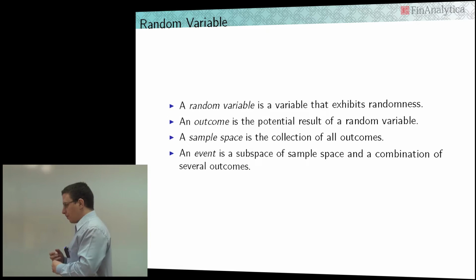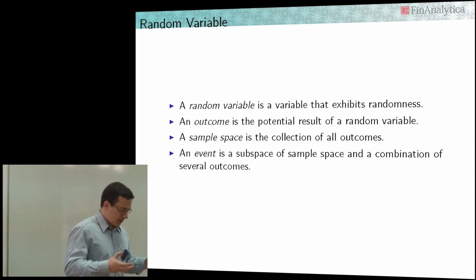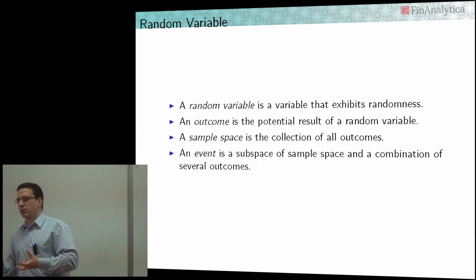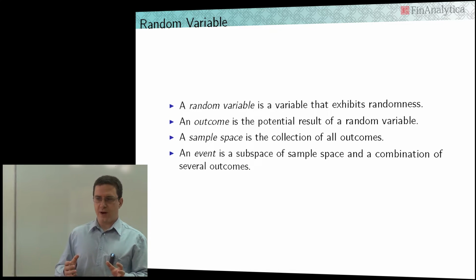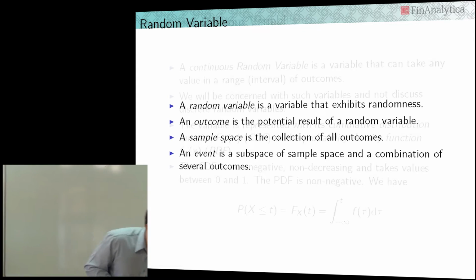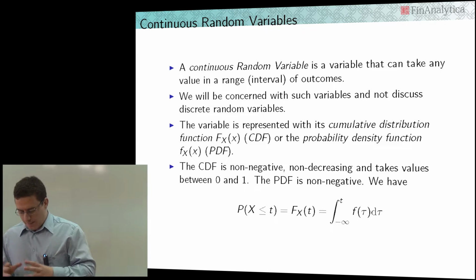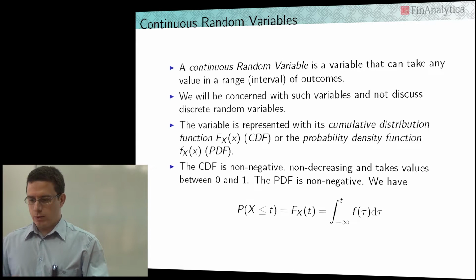And the reason that we actually want to see more in that is that for financial data, an outcome is very difficult to define for continuous variables. Actually, that's the next slide. We would like to assume that we are dealing with continuous variables.